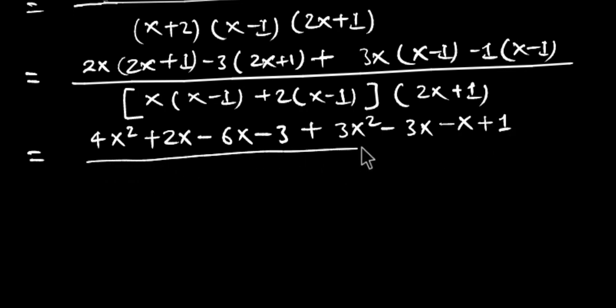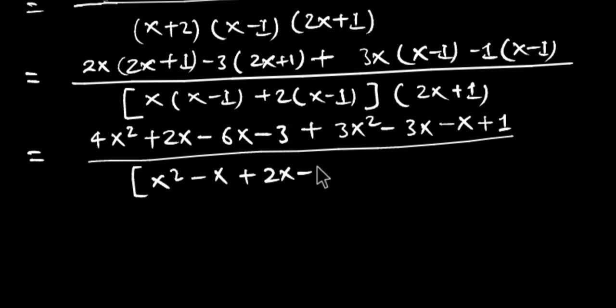This whole term divided by, inside the bracket, x multiplied with x is x square, minus x, plus 2 into x, 2x, minus 2 into 1, minus 2. This whole term multiplied with 2x plus 1.